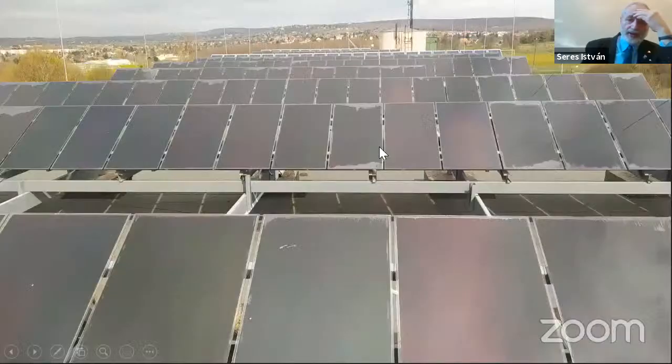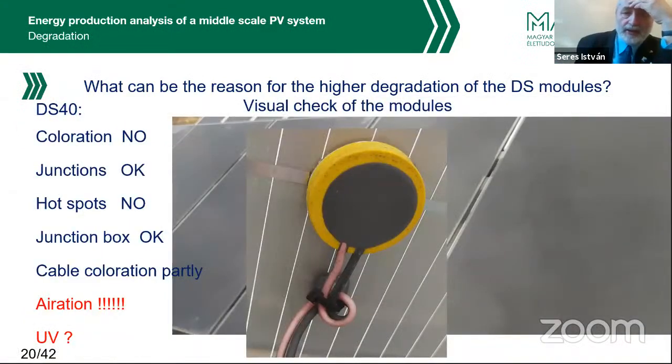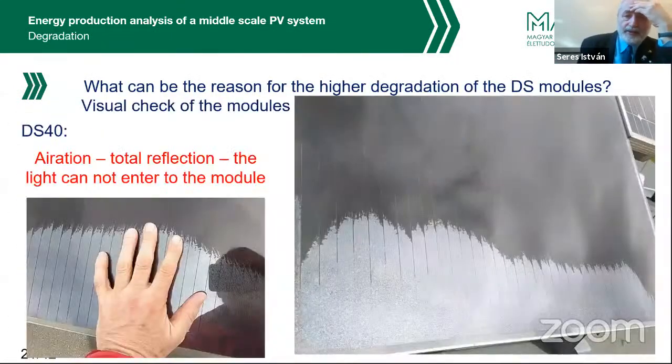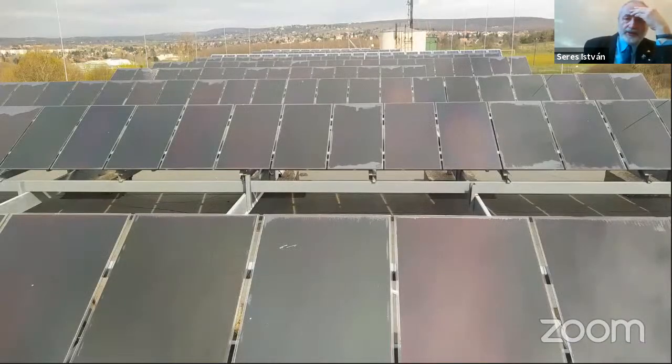These Duna solar modules, I'm not sure that I have a photo about it. Oh, no. These Duna solar modules, the fixation point is somewhere here. And of course, if the wind is coming and some turbulences are developed, then I think it is moving continuously, the three sides of the modules.